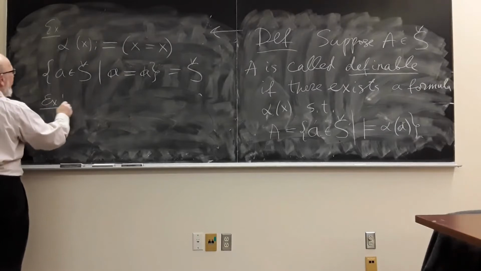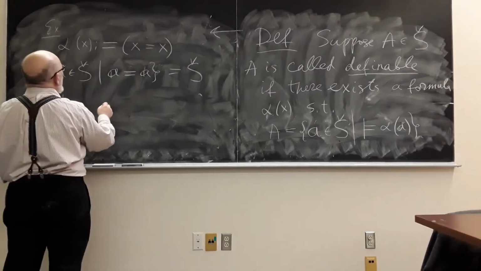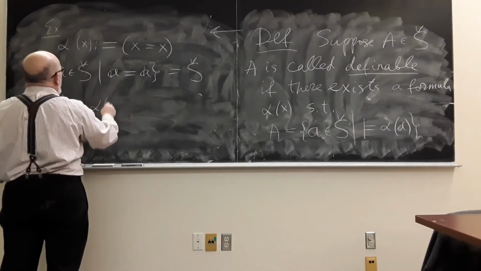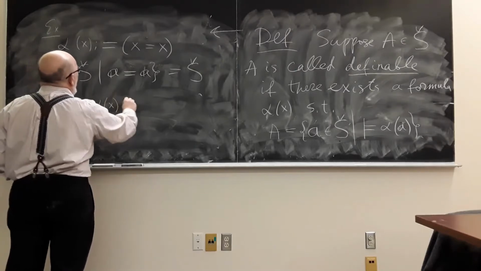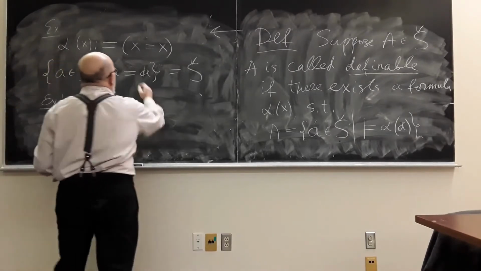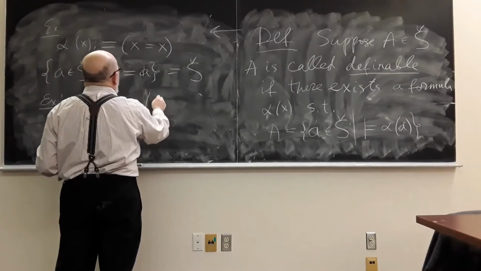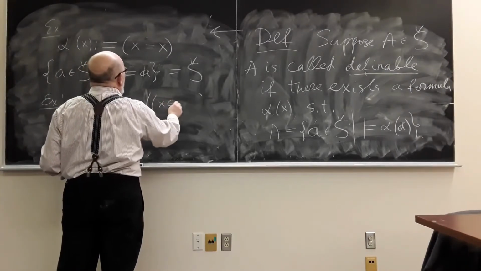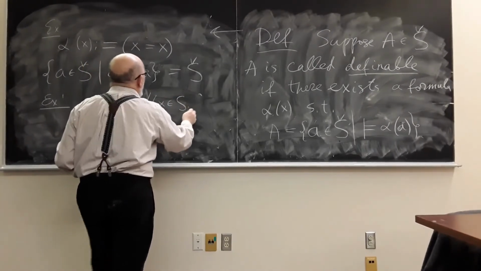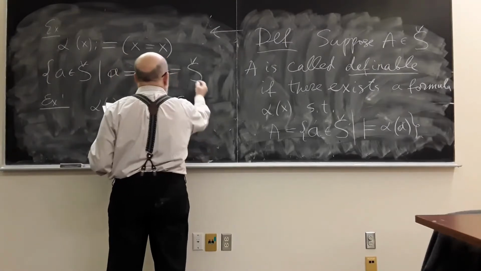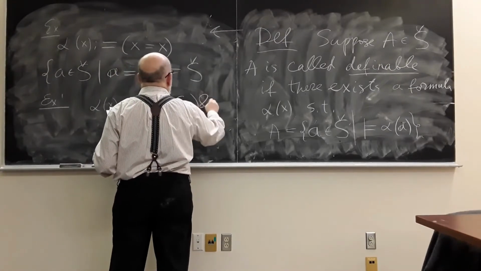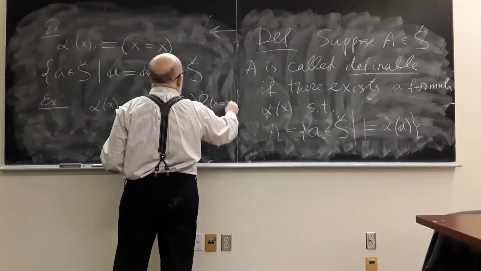Example prime: alpha of x is the following. x is an element of some S_i and x equals x.